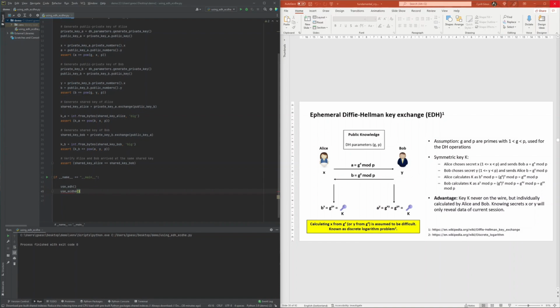Going into demonstrating the elliptic curve-based Diffie-Hellman key exchange, I had to decide on the actual exchange and opted for X25519, which is the exchange working against the underlying elliptic curve called Curve25519. Demonstrating the use of this elliptic curve key exchange was then quite a short thing to do.